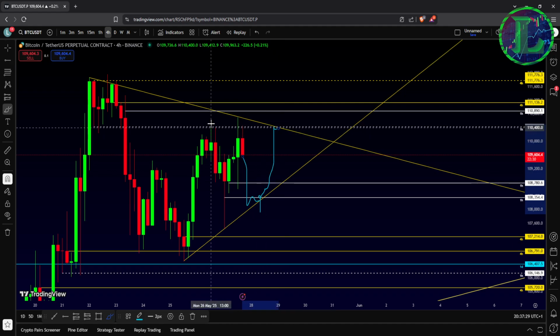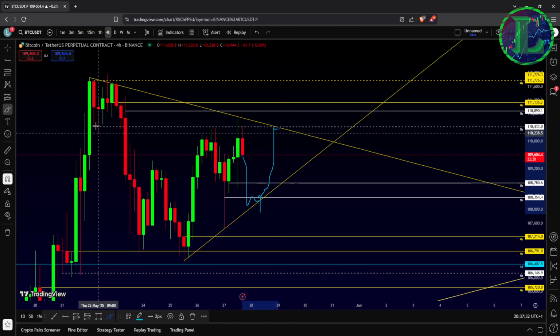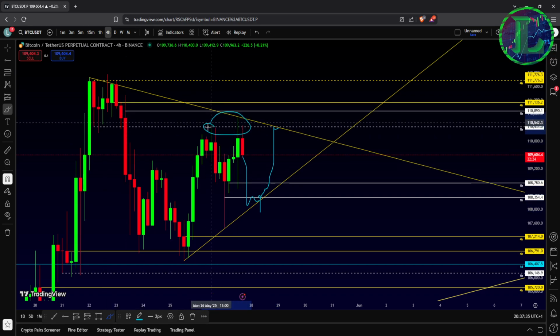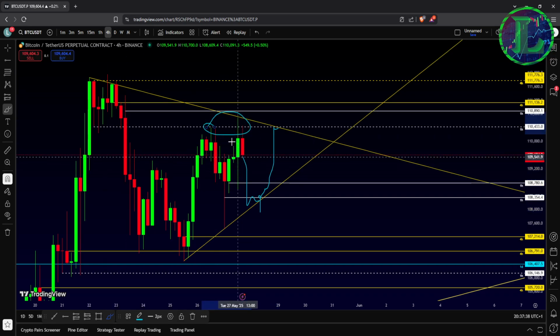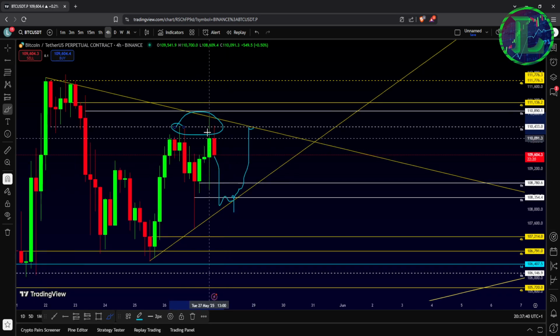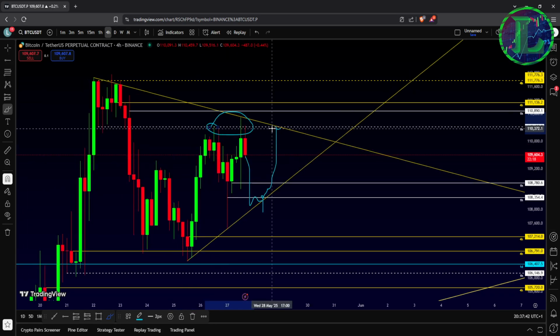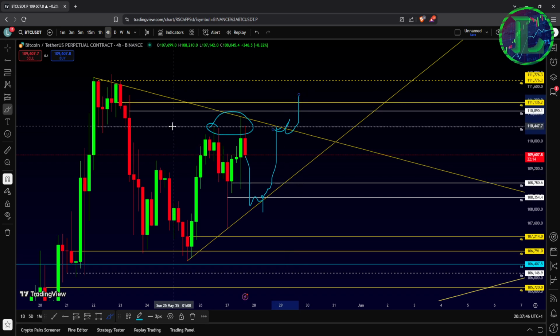And since we created polarity from that support turning into resistance, okay, we created polarity on these two levels. A lot of short got entry there. So if we go there again, I believe we might go and attack the top.